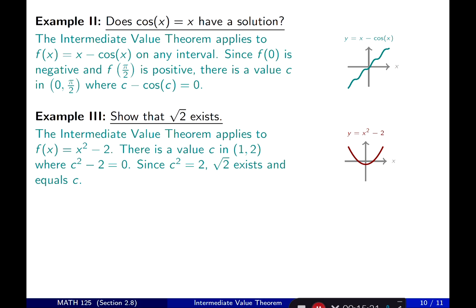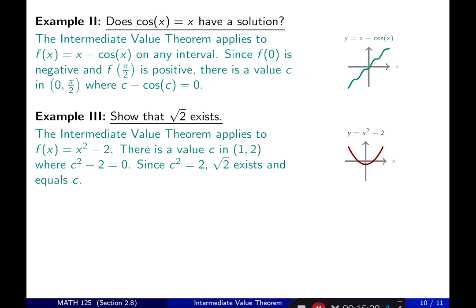Let's call that c value, and it's c squared minus 2 equal to 0, so c squared equal to 2 exists, and that's square root of 2 exists.